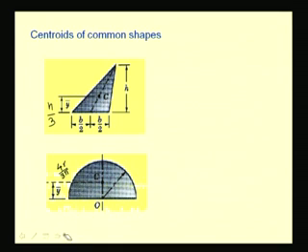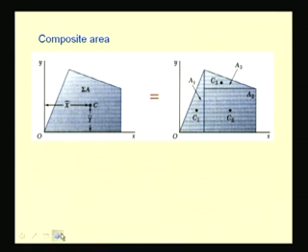For loading curves which have complicated shapes, we can determine the equivalent load by considering the area under the curve as constituting areas of simpler regions for which the centroids can be determined.